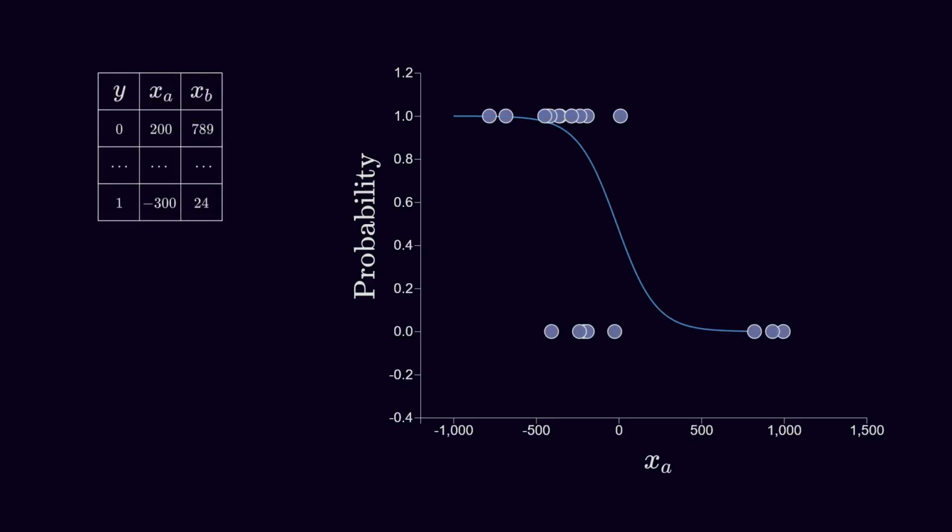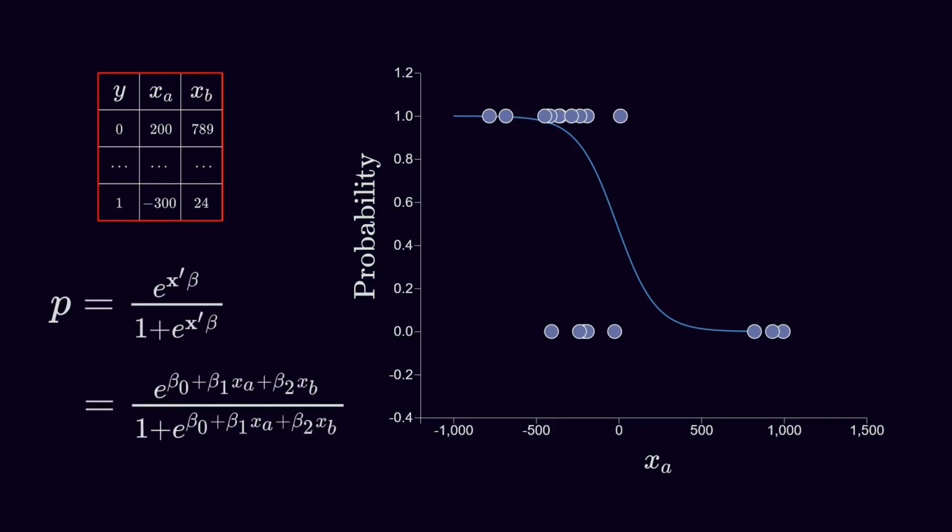A straightforward approach in an attempt to improve our simple model is to add a second feature into it. That is, instead of just using the first principal component XA, we now also employ the second principal component XB, which is seen here as adding it into the logistic regression equation along with a new parameter beta 2 that needs to be trained. Since we're now dealing with a two-dimensional feature space, we cannot represent the fit as a two-dimensional curve anymore.